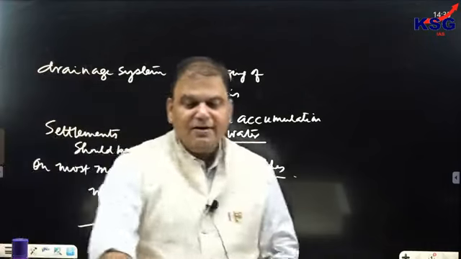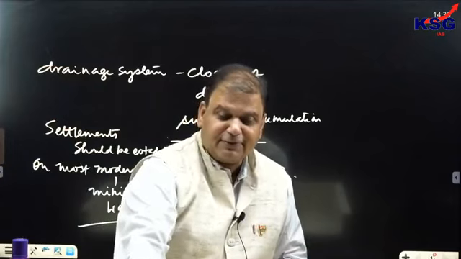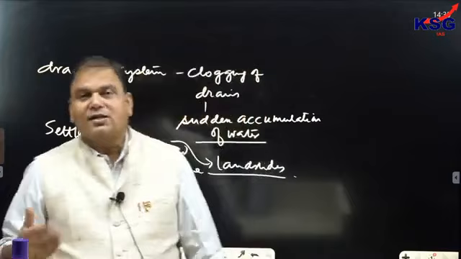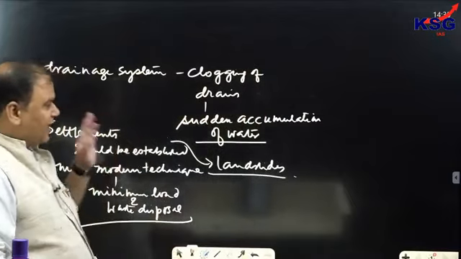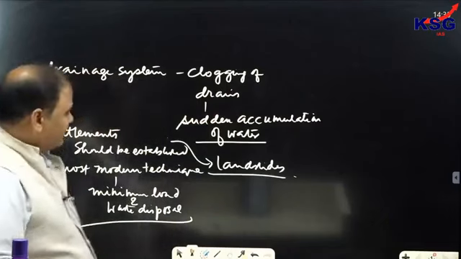Because if suppose the waste disposal is high, then it would be responsible for clogging of drains, which would result in sudden accumulation of water, which can again trigger landslides.